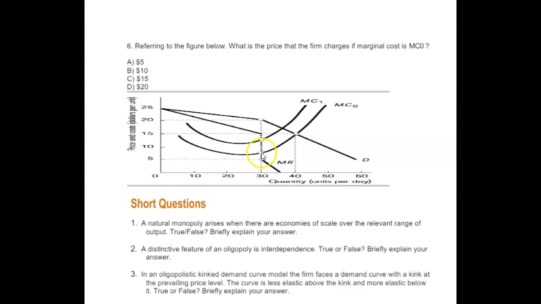They're both intersecting over here. Go straight up and hit the demand curve. Right, done. So now what are you looking for? The price. So the answer is 20, so that will be D.